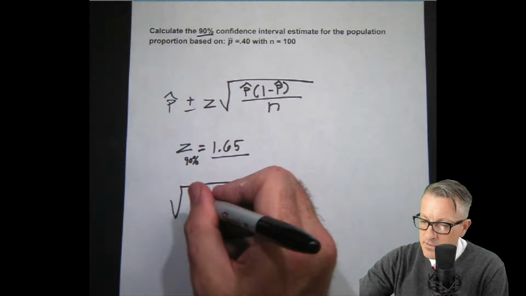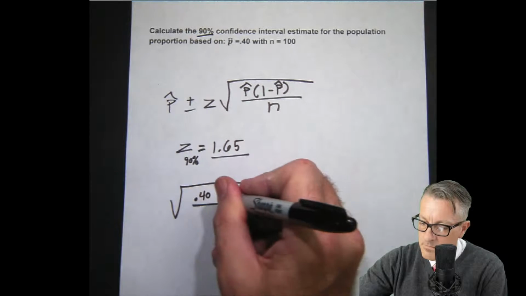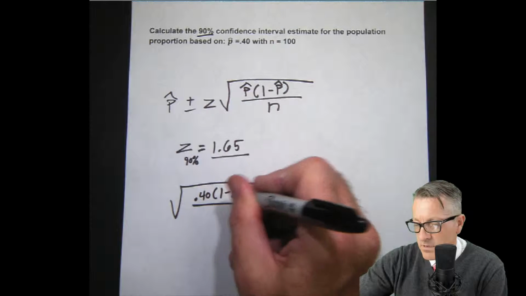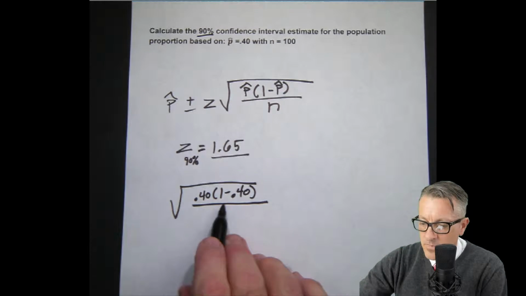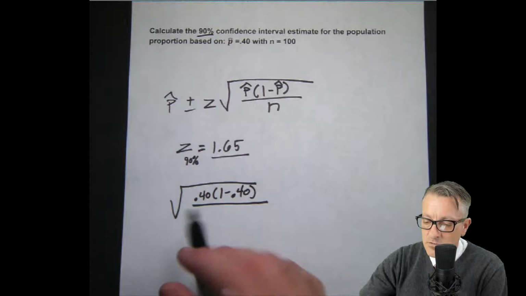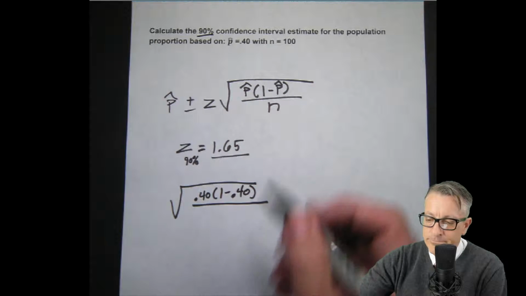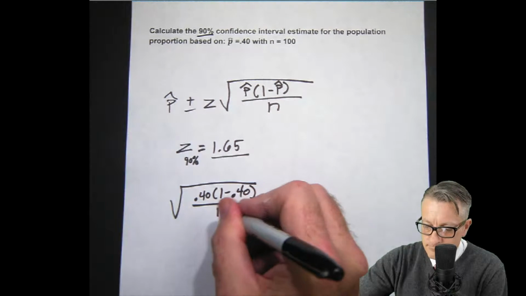Okay, p hat is 0.40, 1 subtract 0.40. So you can kind of write this out if you wanted to. It's 0.40 times 0.60. And then our n, just 100.